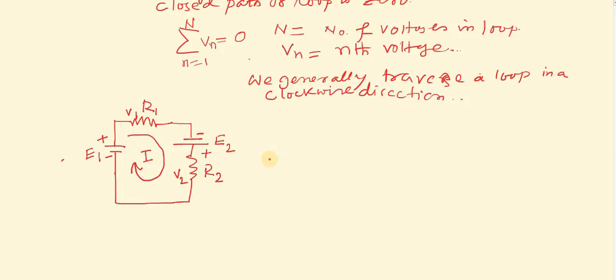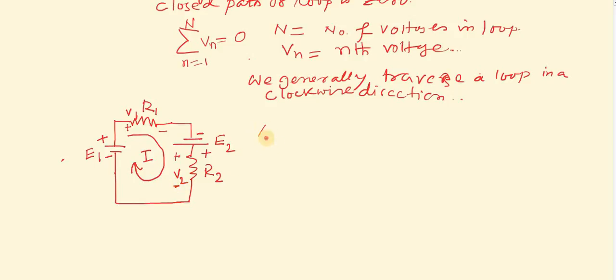Now we just said that while traversing through a loop, if we encounter a negative symbol, we write it as negative, and if we encounter a positive symbol, we write it as positive. Across the resistance there is a plus and a minus.